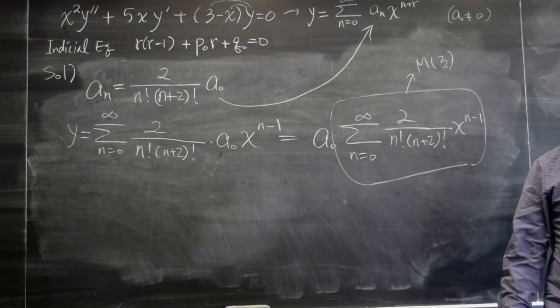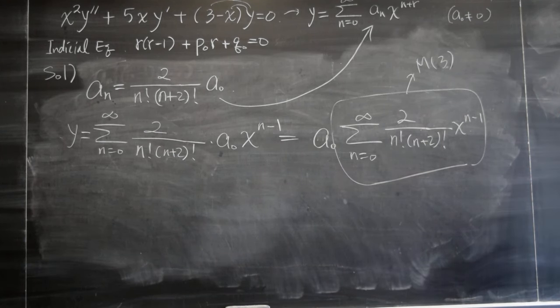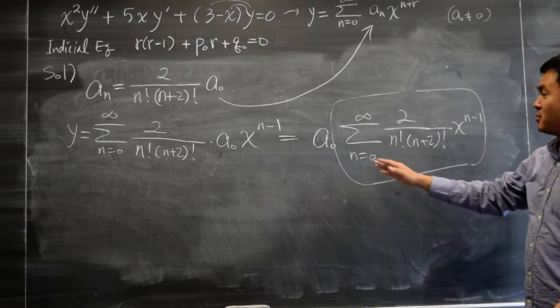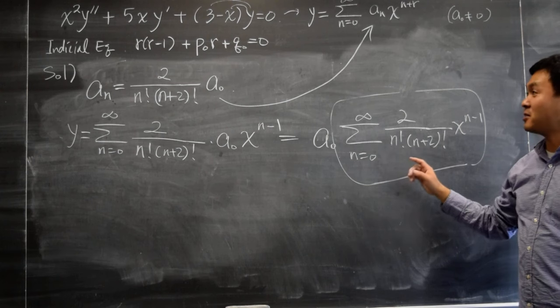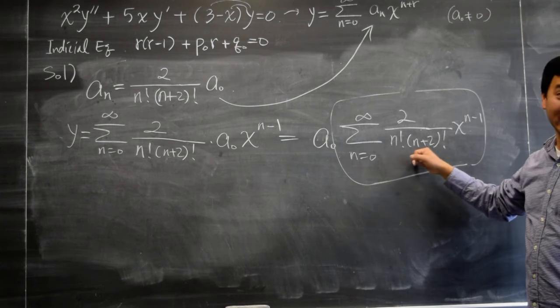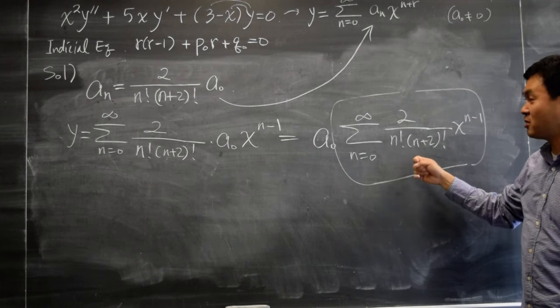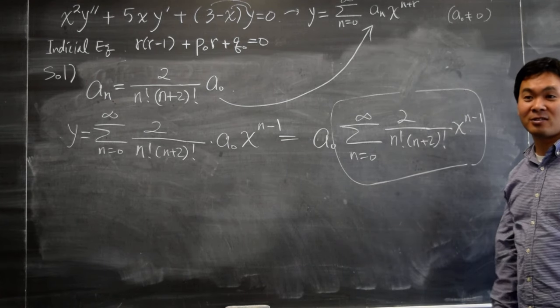And you can actually calculate it. It's possible. Okay? So I'm trying to say that you really, indeed, get a solution to the given differential equation this way. Okay? It's useful.